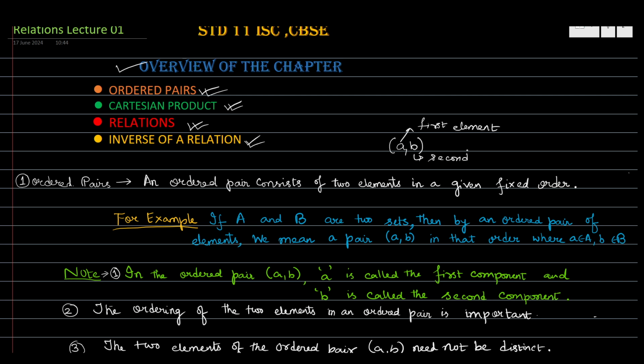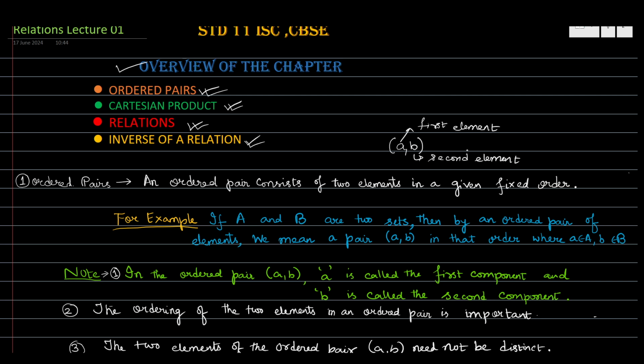So this is an example of an ordered pair where the order of the elements is fixed. So the definition is an ordered pair consists of two elements in a given fixed order.